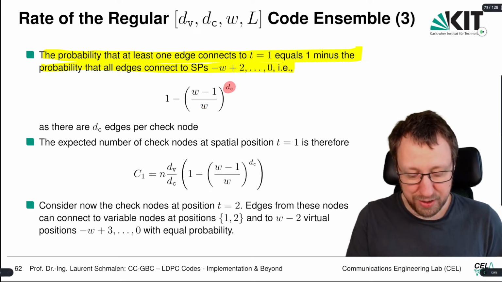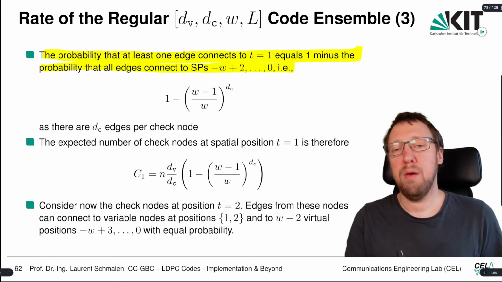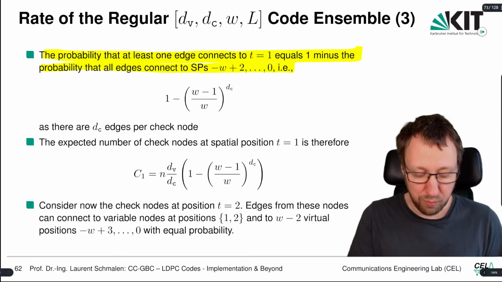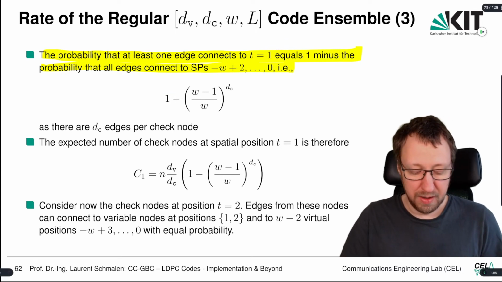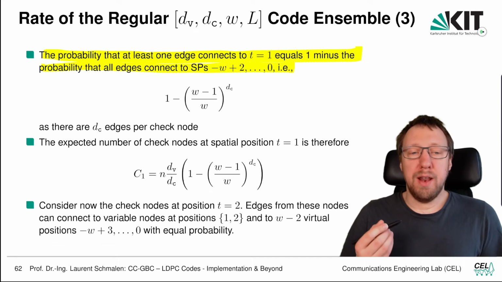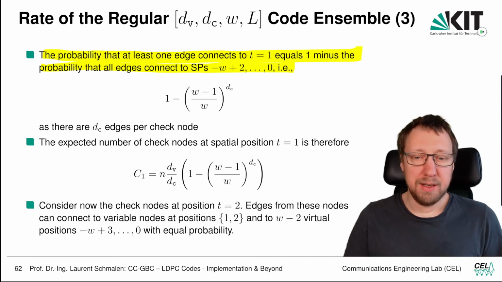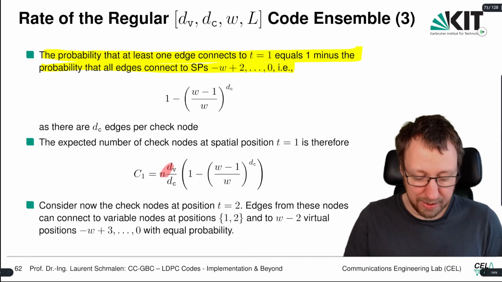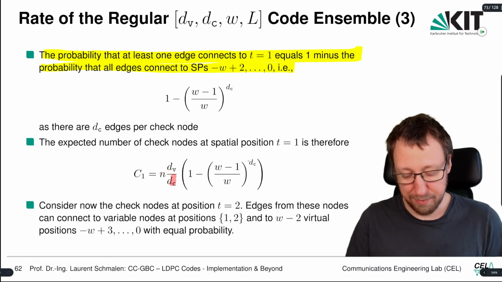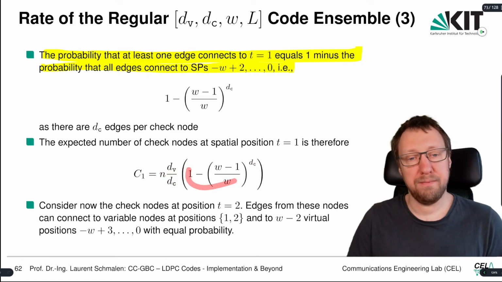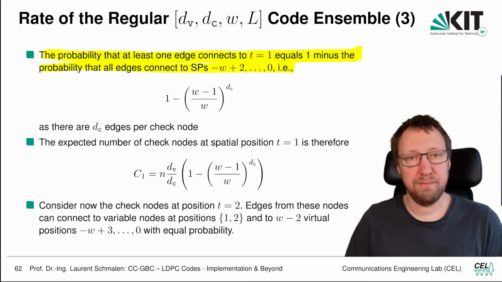And there are dc edges, so it's w minus 1 over w to the power dc. That's 1 minus this. So the expected number of check nodes at this spatial position is n times dv over dc times this probability. That's C1.